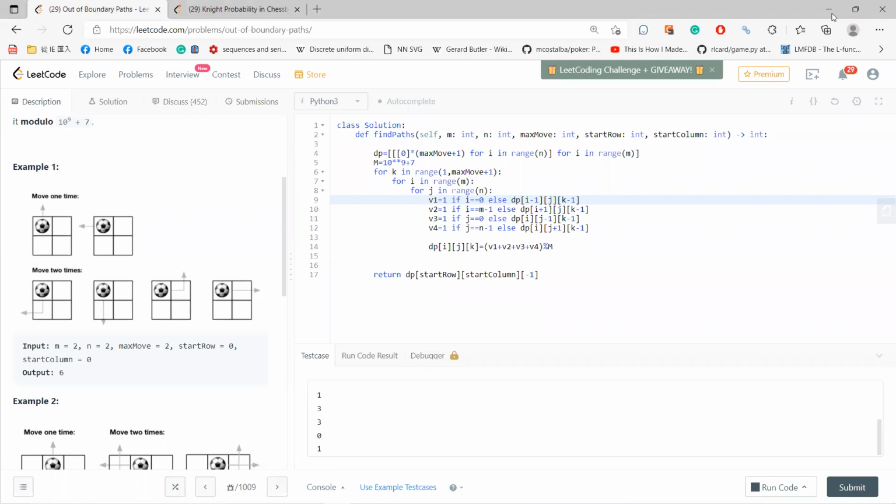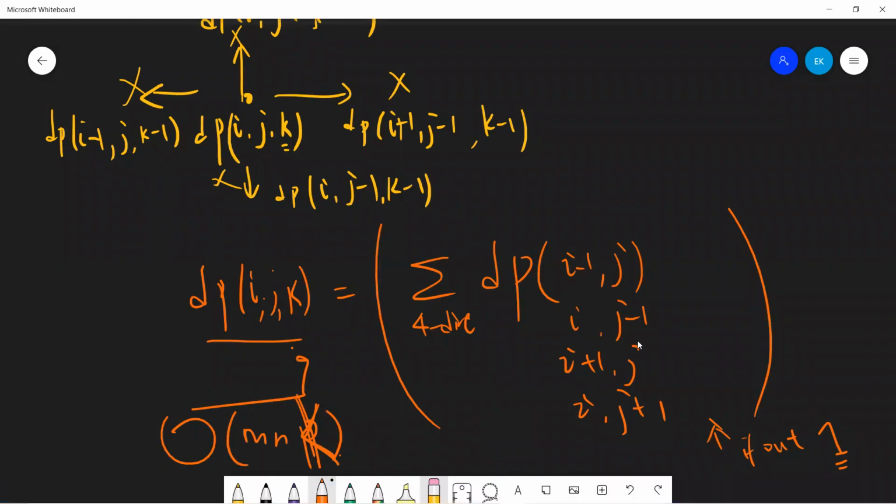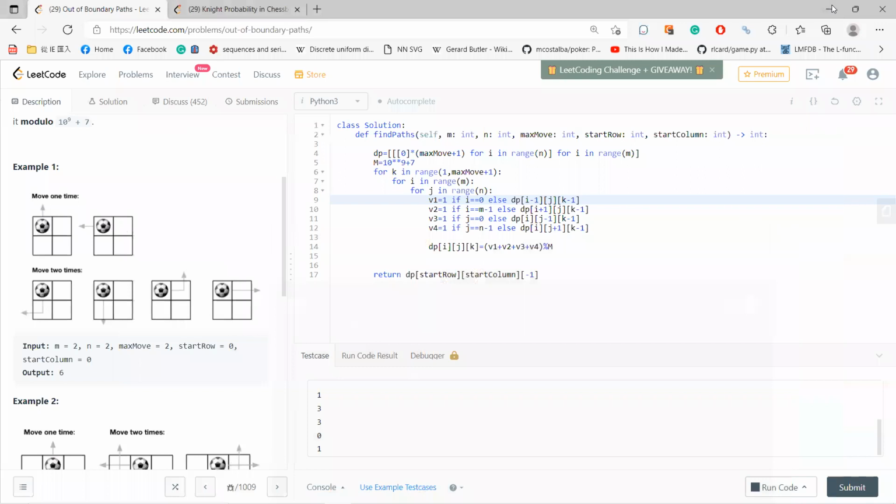You fix k and then range over m and n. You can see that this depends on k minus 1, so you start from k minus 1 and propagate to k. At the beginning, you start with k equal to 0 and build up to k.